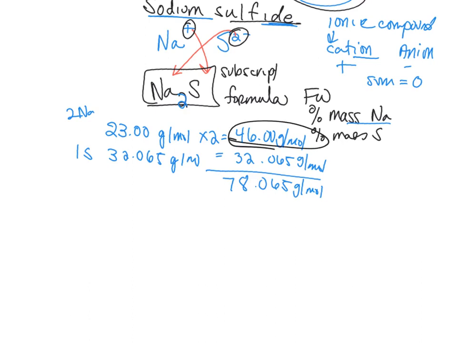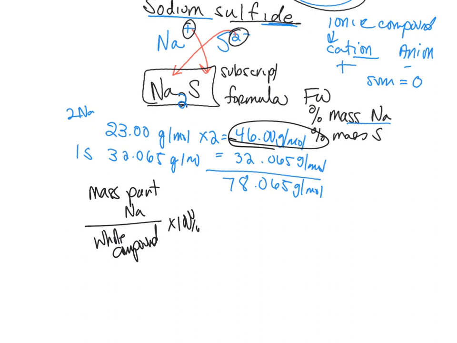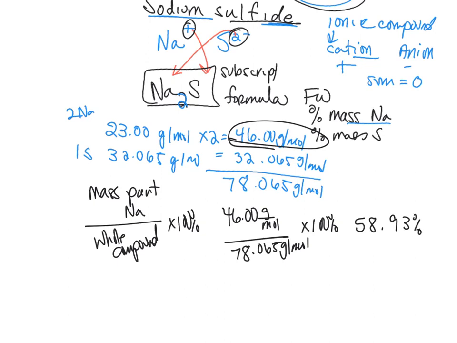And so if I wanted percent mass by sodium, I would take the mass of sodium, the part of sodium over the whole of the compound, times 100%. So 46.00 gram per mole divided by 78.065 gram per mole times 100. 46 divided by 78.065 times 100, I get 58.93% sodium.